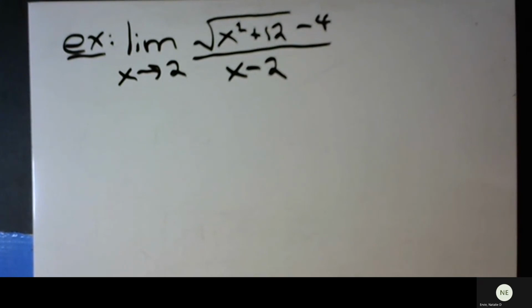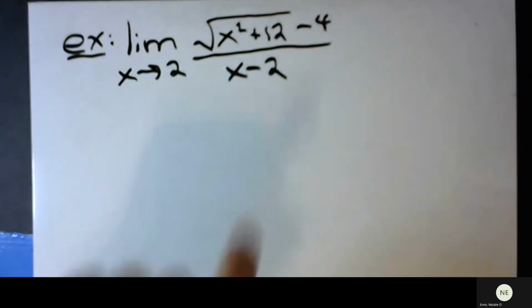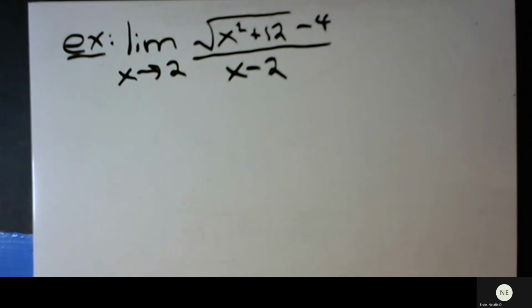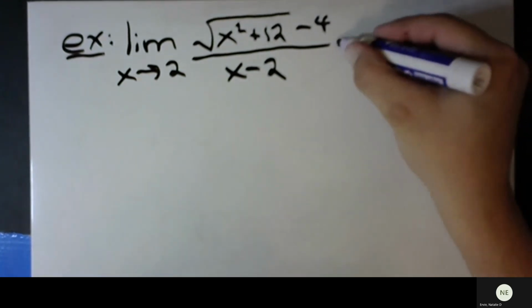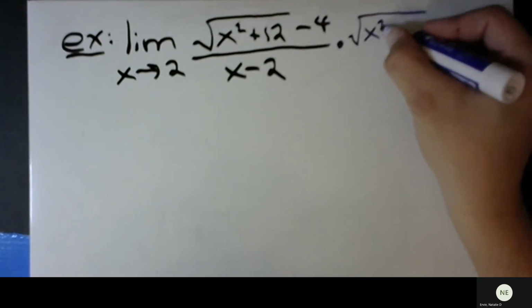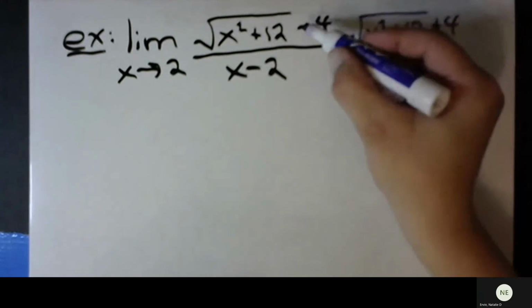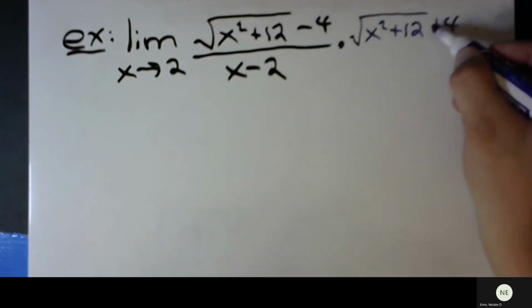So again, the issue is going to be, as x becomes 2, we're going to get 2 minus 2, or division by 0. So we're going to solve this by multiplying top and bottom by x squared plus 12 plus 4. So if this was a plus, we would make this a minus.